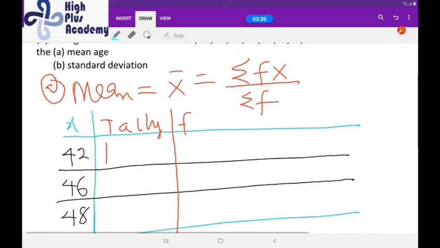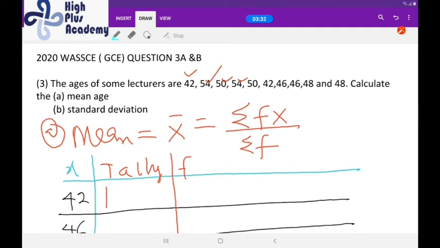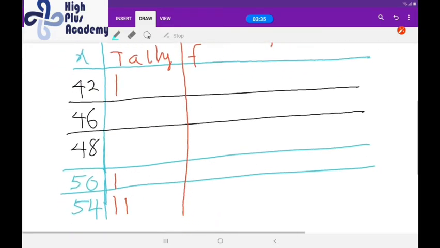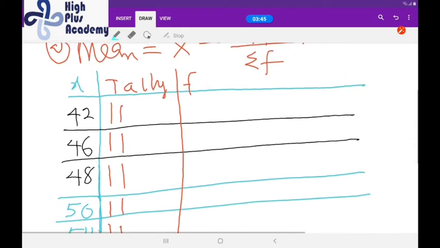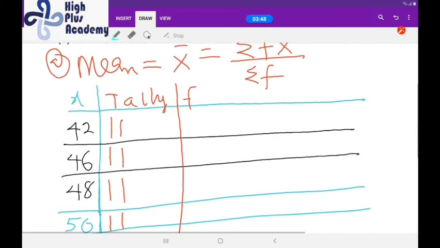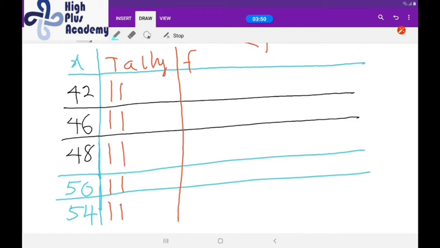If you do them like that, you will know that we have 42 again. We have 46, 46. We have 48, 48. We have 50, so if you check them like that, you will know that they are 2, 2. This will help you to check if you have counted well.